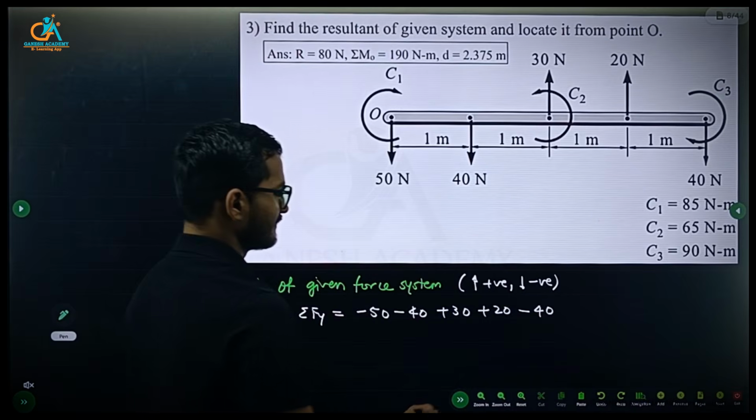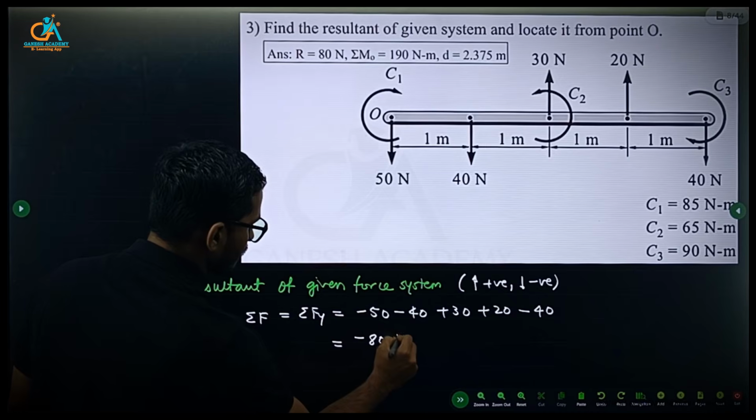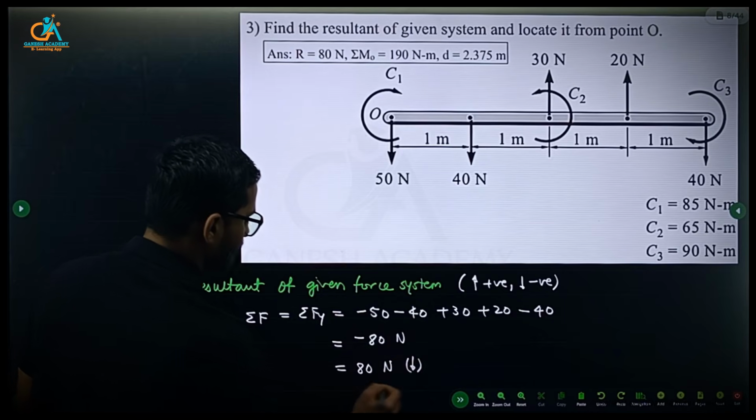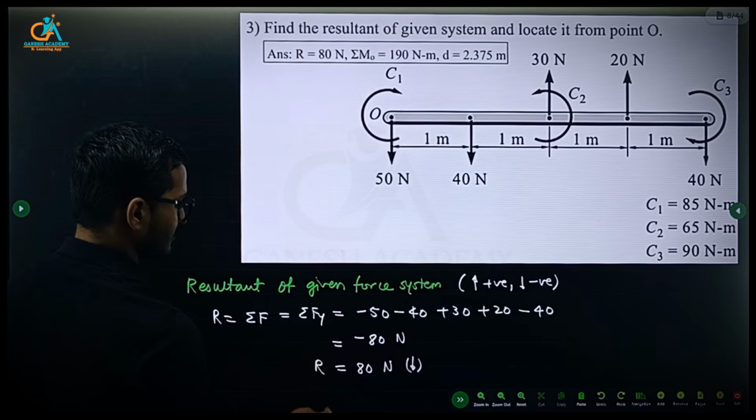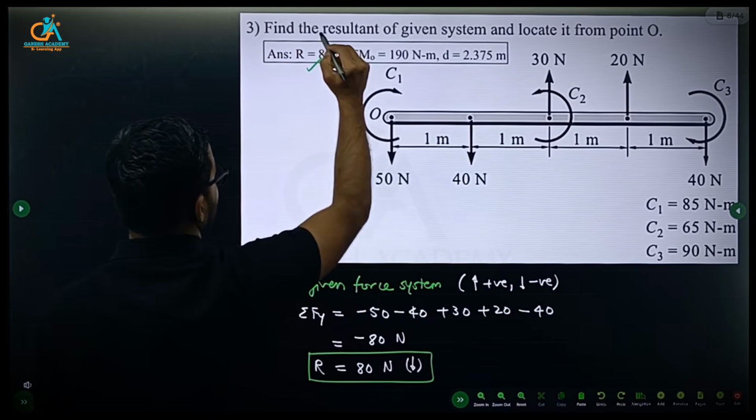So it is minus 80 and that means the resultant is downward as per our assumption. Okay, so this is correct.